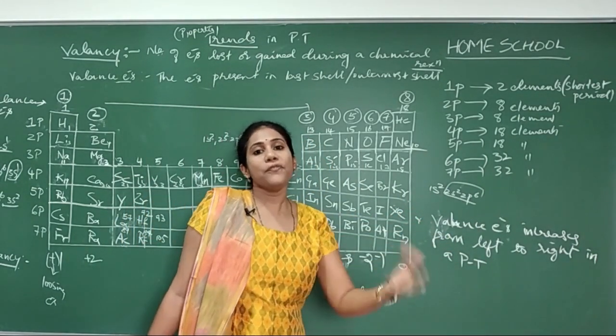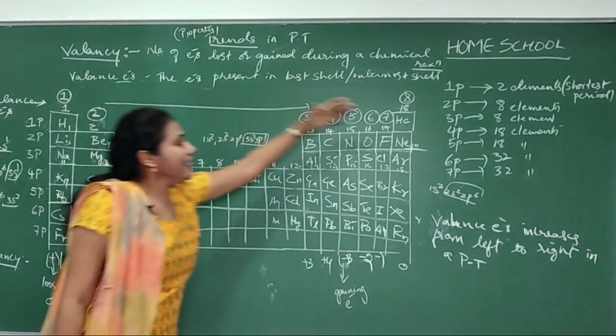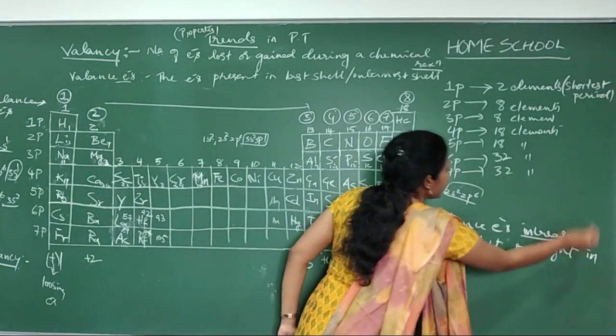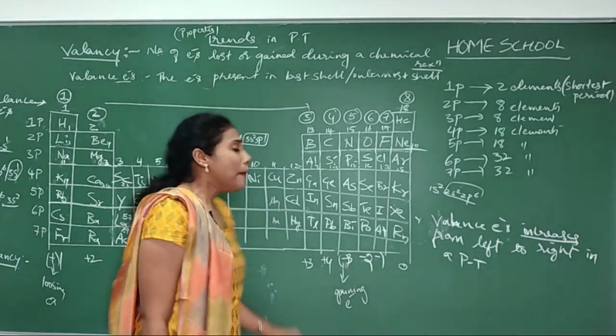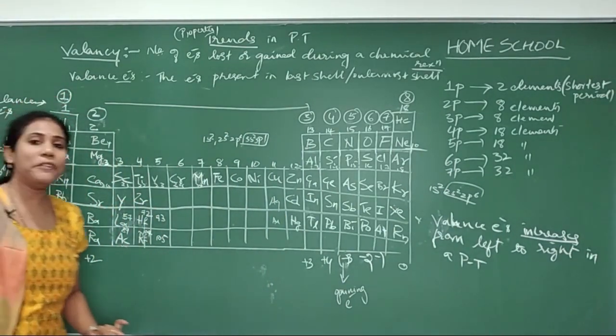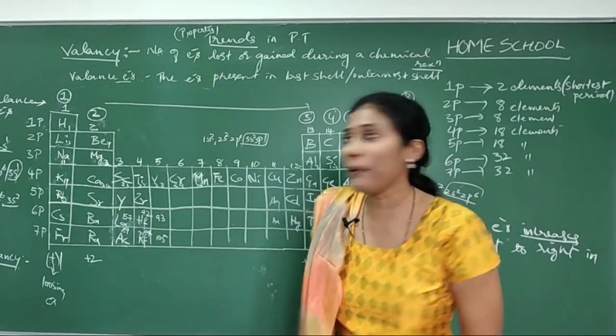So what happens for the valence electrons if you go from left to right in a periodic table? The valence electrons always increase. Okay. But if you go from top to bottom in a periodic table, what will happen for the valence electrons? Will it increase or decrease? Top to bottom.